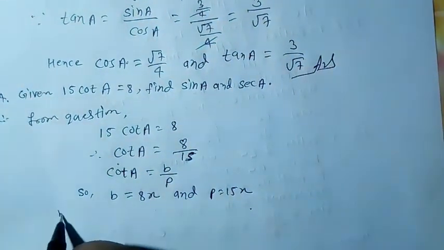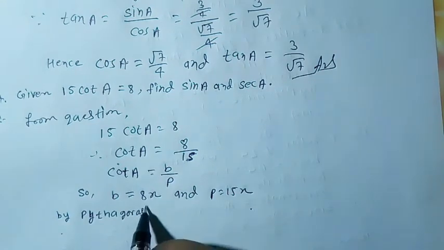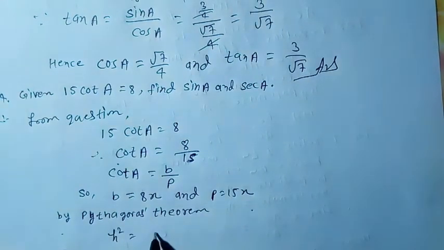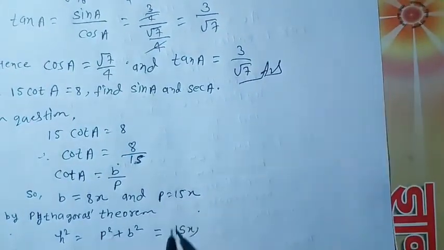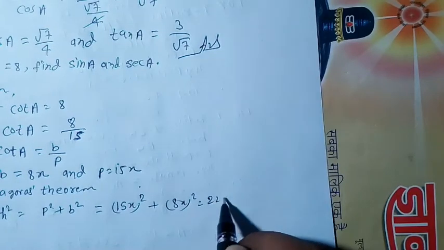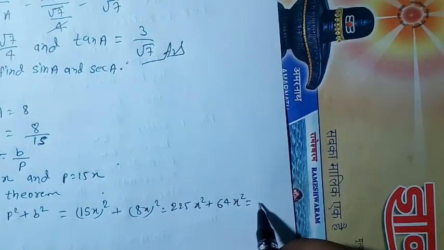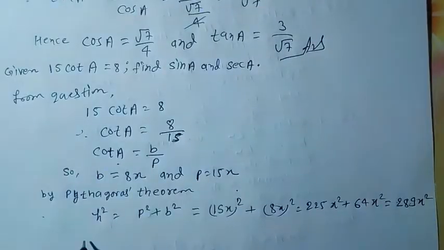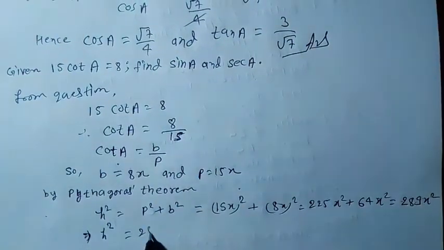Now, by the Pythagoras theorem, h squared is equal to p squared plus b squared, which is (15x) squared plus (8x) squared. 15 squared is 225x squared plus 8 squared is 64x squared, which is 289x squared. This implies h squared is equal to 289x squared.